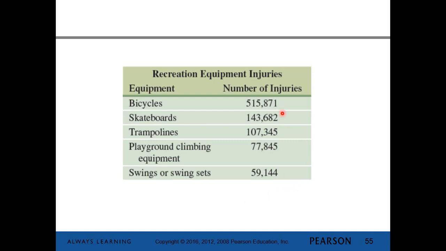What would that number be? It would be 143,682. Then we would divide it by the total number of trials in our sample space. In this case, what's the total amount of data?